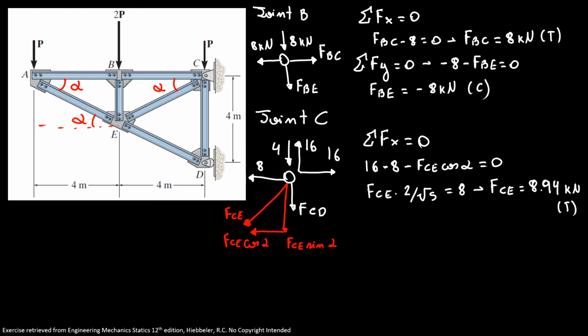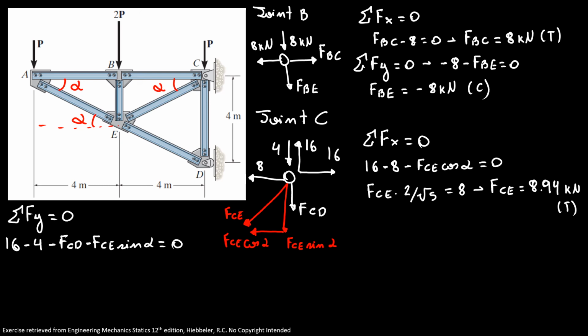Now I'm gonna do the sum of forces in y direction is equal to 0. I have 16 minus 4 minus force CD minus FCE sine of alpha is equal to 0.